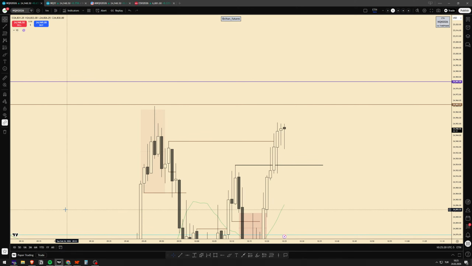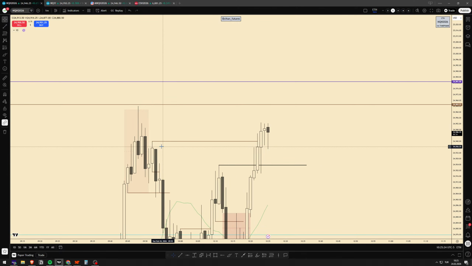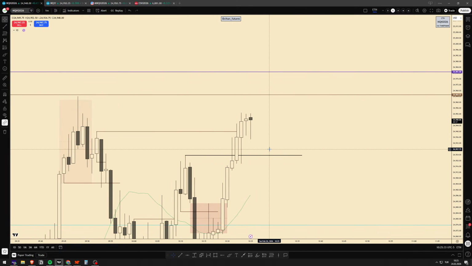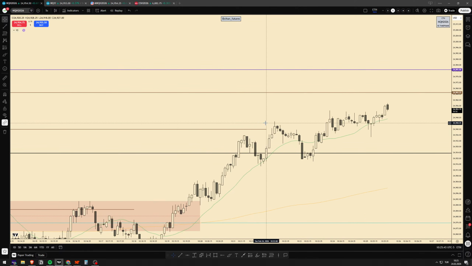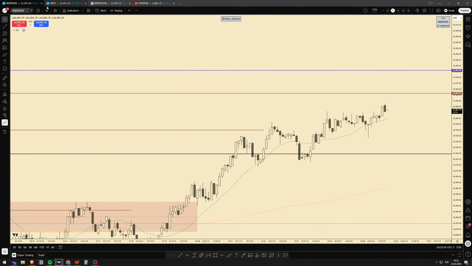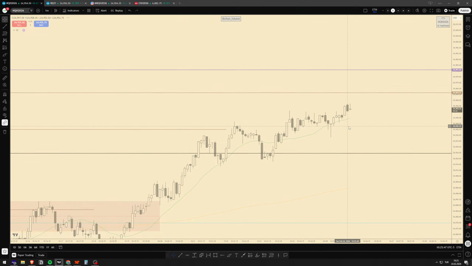Wait a second, I will remember it. Reaction. That was the word I was looking for. If the level is very significant, the reaction becomes significant too. If the level is less significant, the reaction becomes something like that. Almost invisible on 1 minute time frame and visible on micro lower time frames like seconds chart.